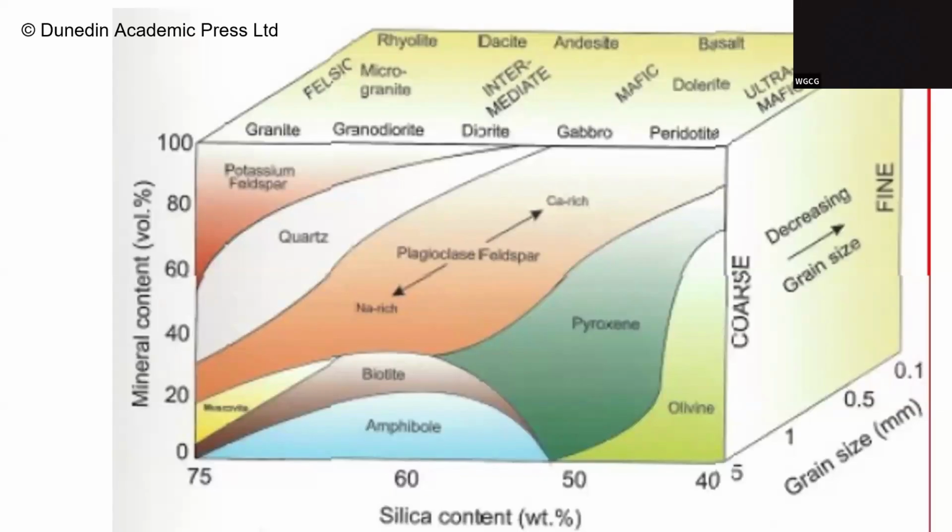Some rock terminology here. You'll remember that basic rocks here, like basalt and gabbro, have about 50% silica, and they're called mafic rocks. We're not going to talk much about those today. There will be a few.